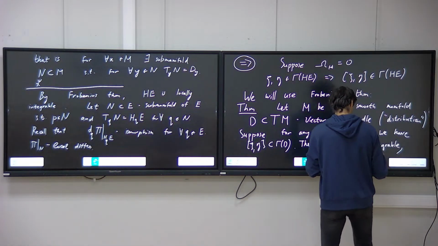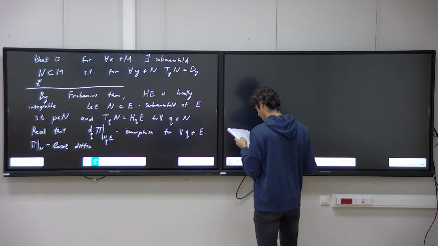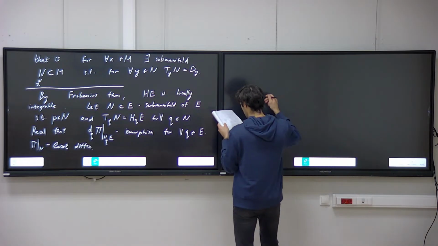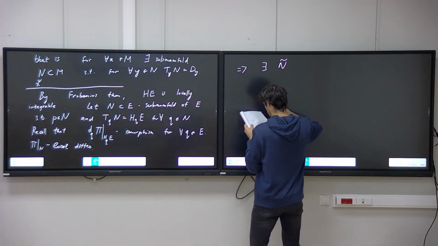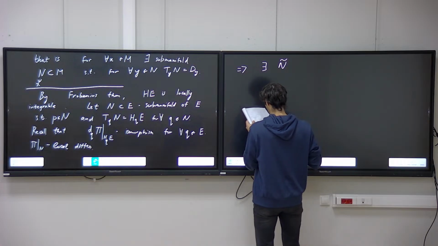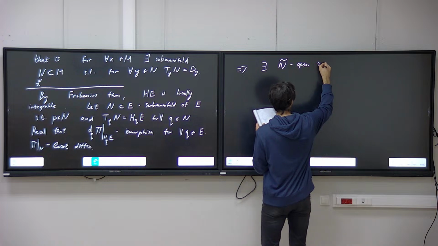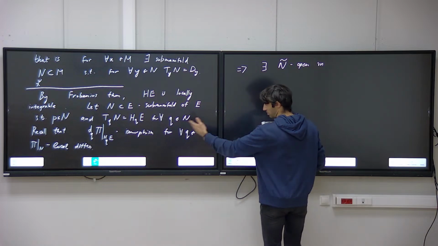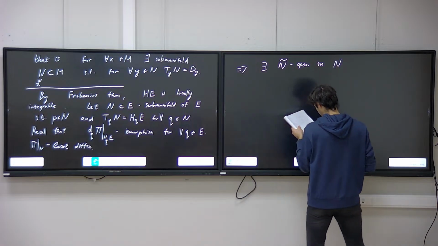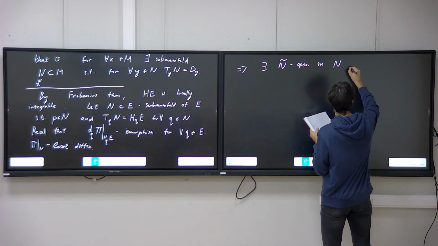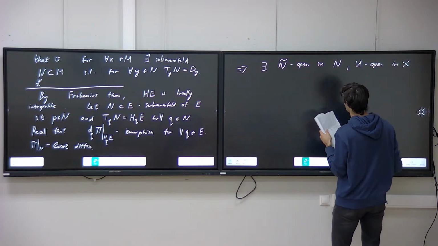So I can invert it locally. There exists some N tilde, open in N, and U open in X. I'm just rewriting what it means to be a local diffeomorphism.